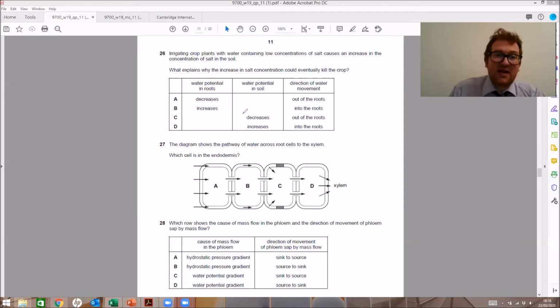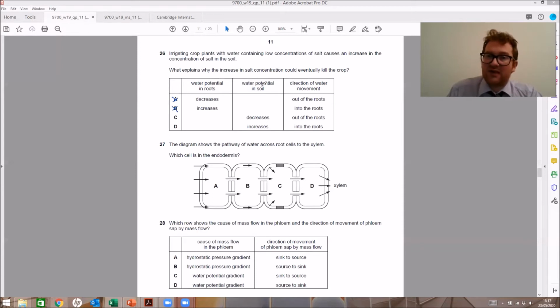Now, irrigating the crops does not actually lead to a change in water potential in the root, because it doesn't really matter too much, as it's not going to kill the crop if this increases or decreases. The water potential in the soil is the important one.